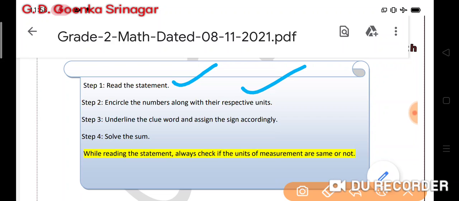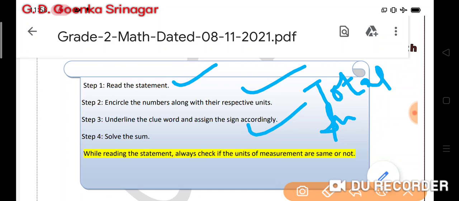You will underline the clue word and assign the sign accordingly. After reading the question and circling the numbers along with their units, you will underline the clue word. Remember, the clue word may be total, or it may be sum.